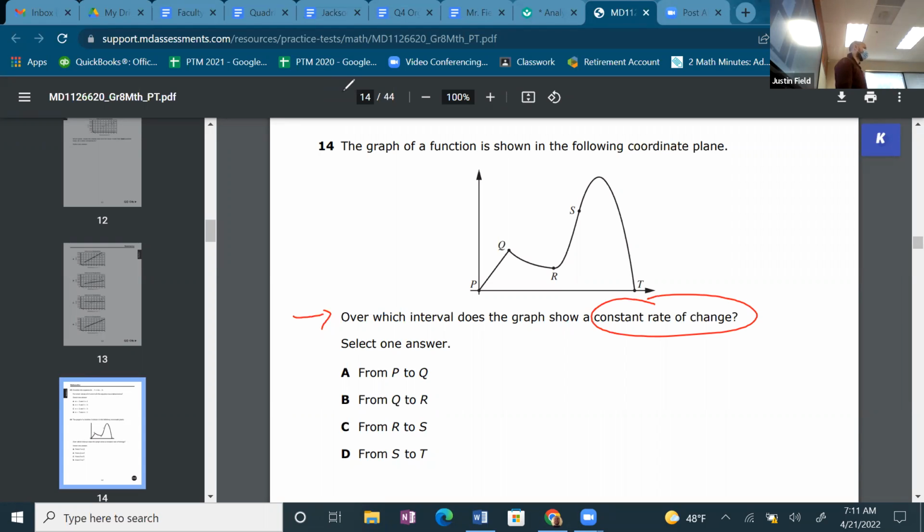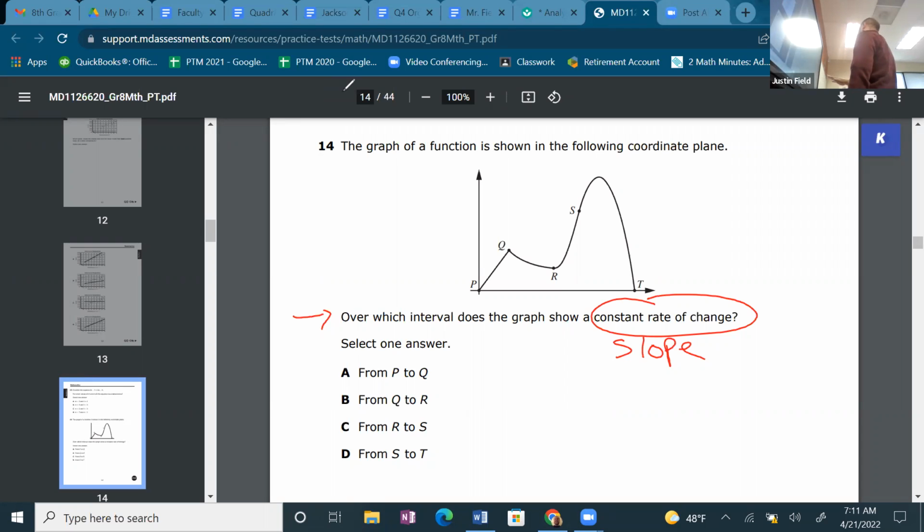The word I'm looking for starts with an S. We just talked about it. Slope. The slope is a constant rate of change.